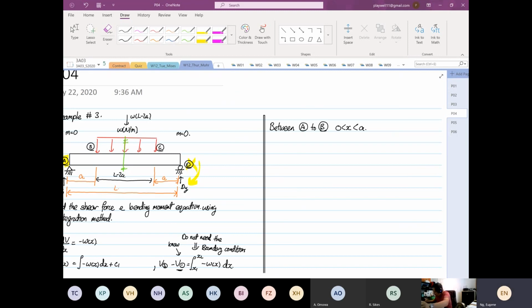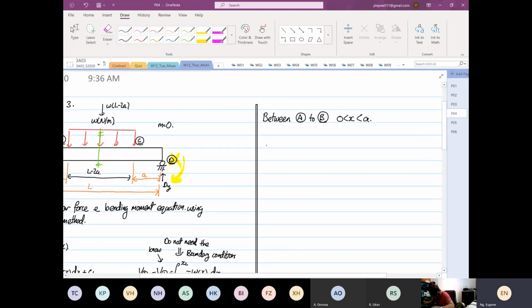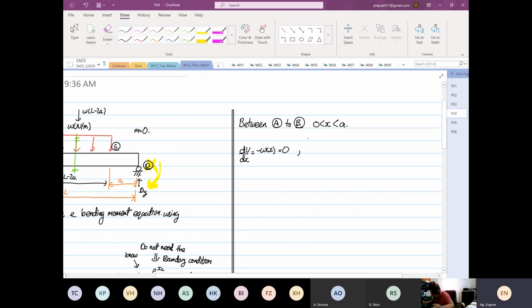What we still know is dV by dx is equal to minus omega as a function of x. There is no distributed load, so this is still equal to 0. Writing over this side, v as a function of x minus v at point A is equal to the integral from 0 to x of 0 dx.